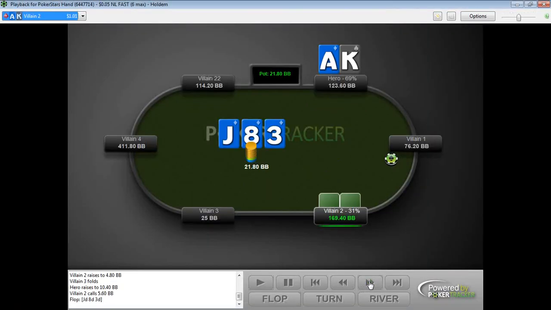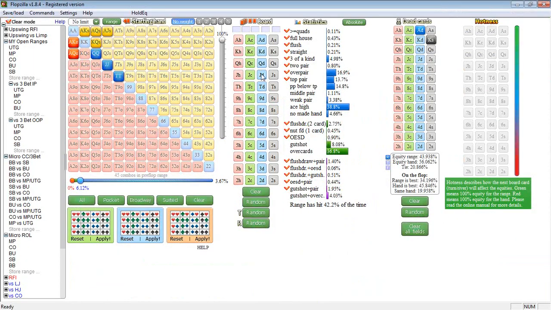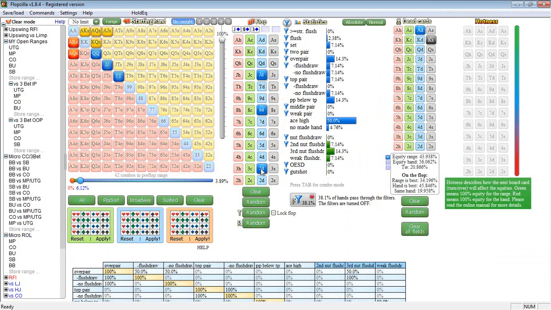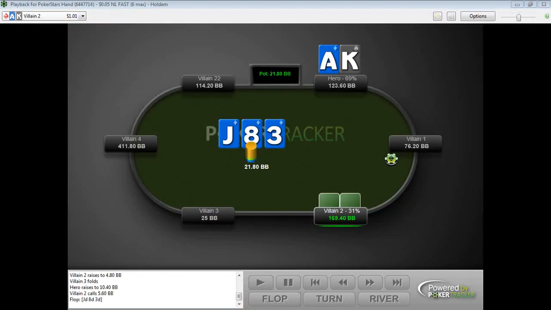And we get a monotone board, jack, 3, ace of diamonds. So this favors us. We have 64% equity. We have a bunch of outs. One more diamond gives us a flush draw.